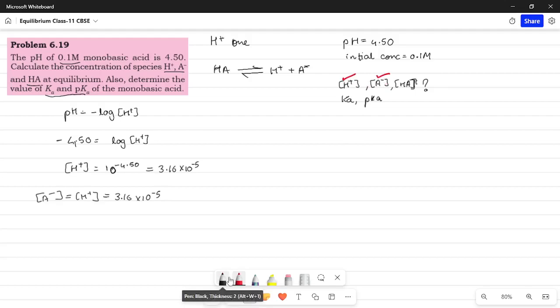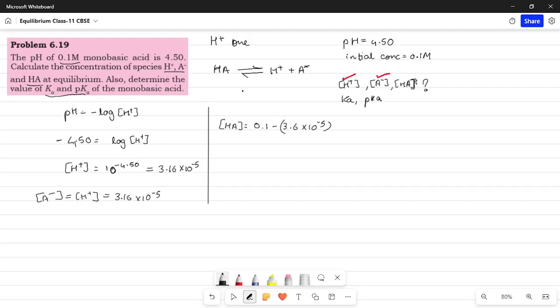The next thing we have to do is calculate the concentration of HA. The concentration of HA at equilibrium will be equal to the initial concentration, 0.1 molar, minus 3.16 into 10 to the power minus 5.